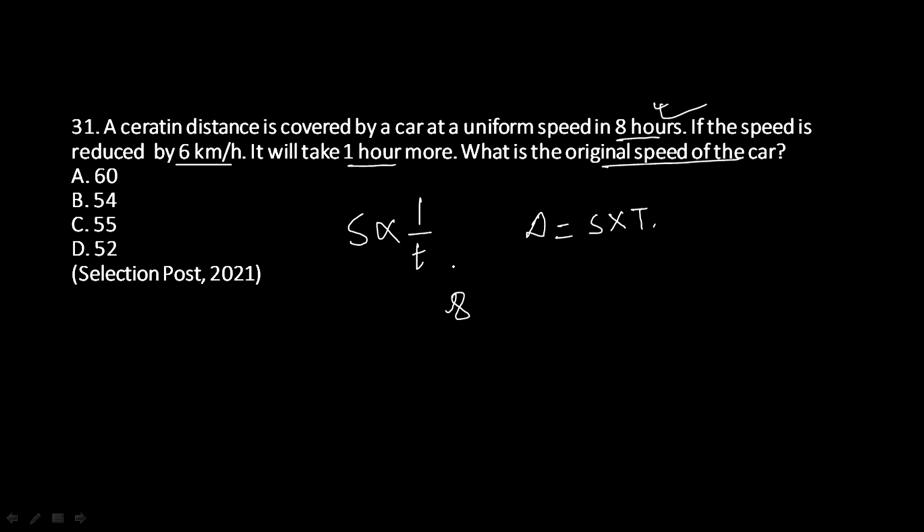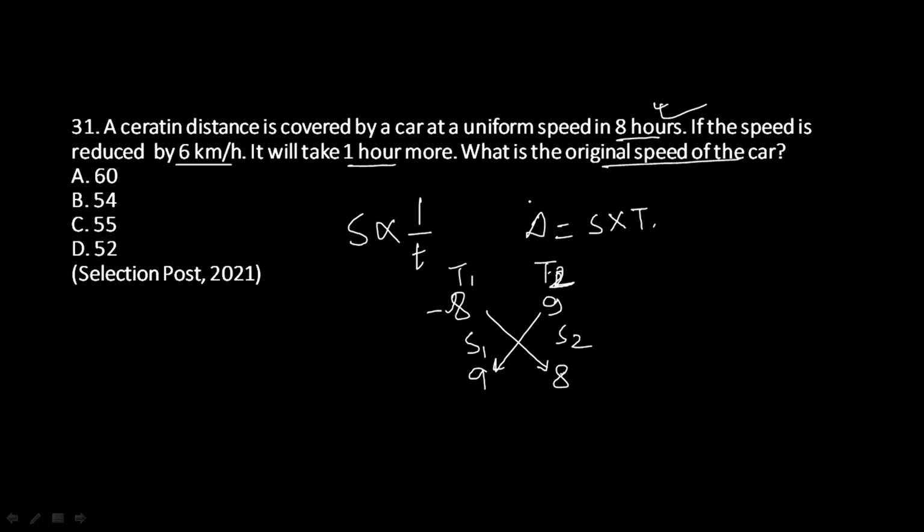So if it is time 1 and time 2, then it will be 9, 1 hour more. So what's the ratio of the speed then? Ratio of speed 1 and speed 2 will become 9 is to 8. Clear? It is interchanging, nothing else.